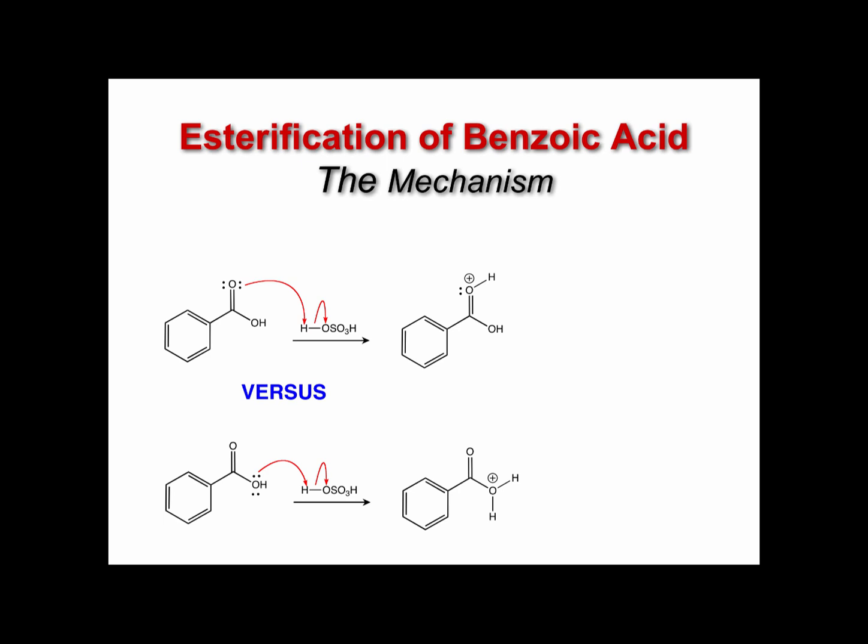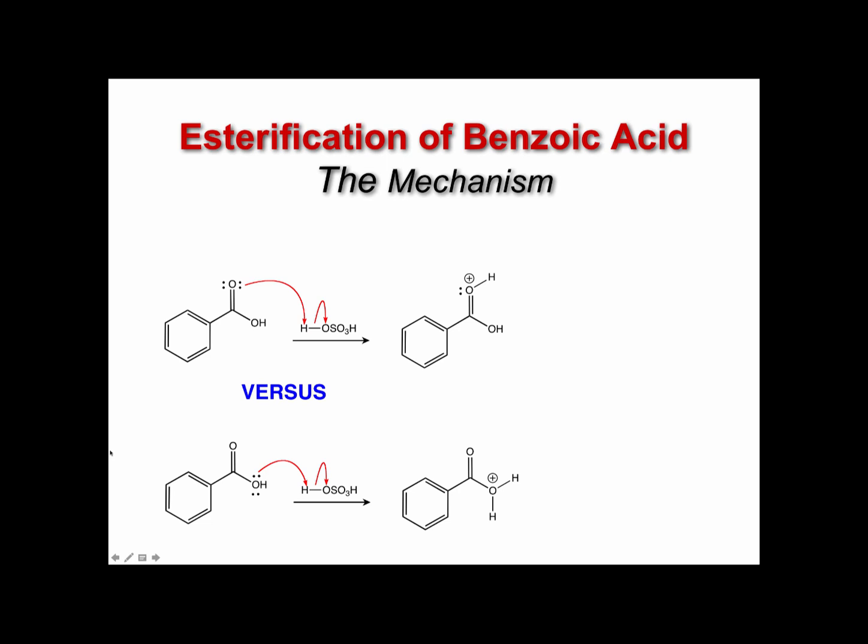It cannot be stabilized by resonance. And if you consider putting a positive charge on the oxygen adjacent to the carbonyl, remember that carbonyl already has a big delta plus on it. Having that oxygen pulling more electron density away is like it's already in pain, and that oxygen is just making it worse. It doesn't like that at all.